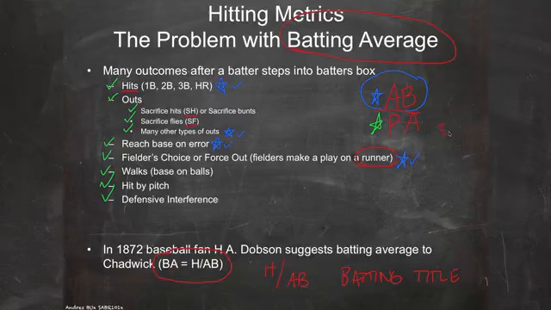They need 3.1 plate appearances for every game played by that team. So if the team plays 162 games, that's the number of plate appearances required for qualifying for the batting title.